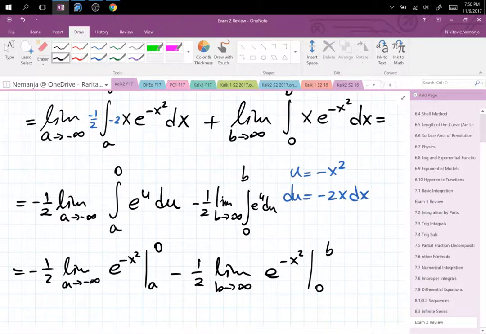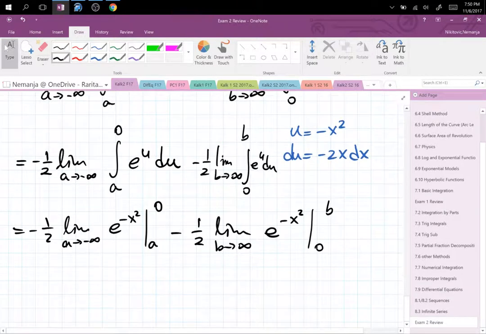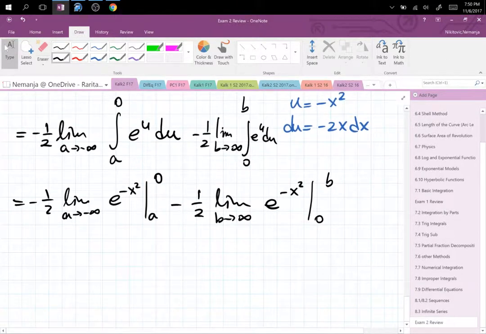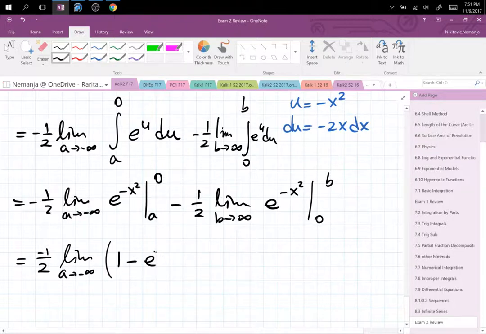These are two separate integrals. So now the first integral has negative 1/2 limit a goes to negative infinity, e to the 0 is 1 minus e to the negative a squared. Then minus 1/2 limit b goes to infinity, and we have e to the negative b squared minus 1.